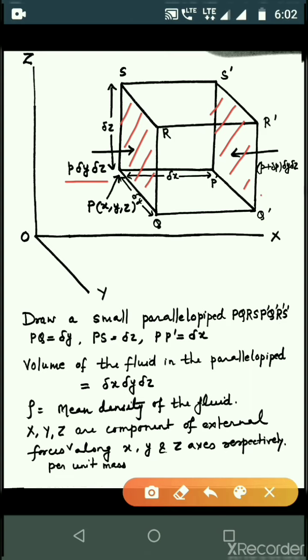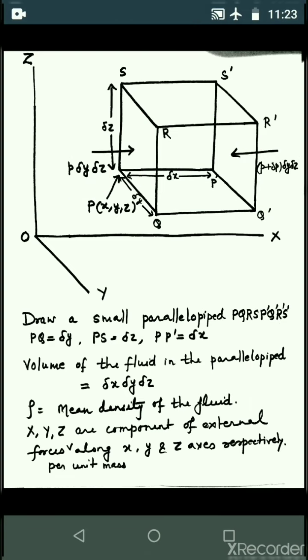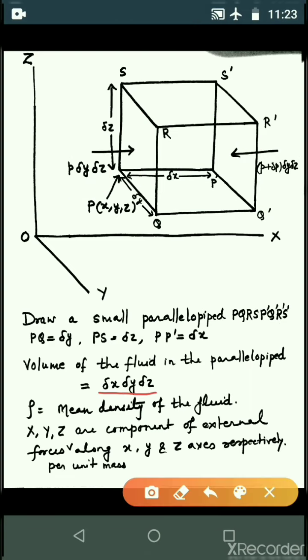The area of the plane PQRS is delta y delta z, so the thrust is p delta y delta z. Similarly, the thrust on the plane P'Q'R'S' is (p plus delta p) delta y delta z. The volume of the fluid in the parallelepiped is delta x delta y delta z.